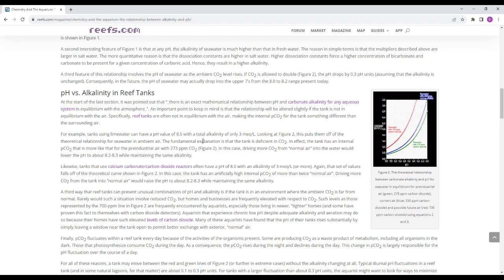The fundamental explanation is that the tank is deficient in CO2. In effect, the tank has an internal PCO2 that is more like that for the pre-industrial air with 273 ppm CO2. In this case, driving more CO2 from normal air into the water will lower the pH to about 8.2 to 8.3 while maintaining the same alkalinity.